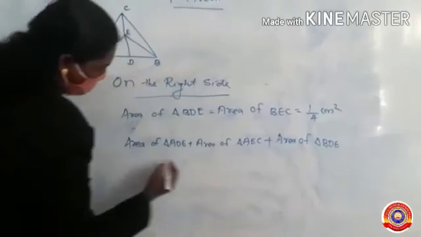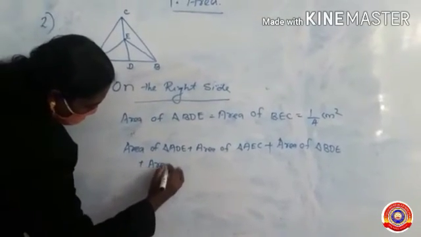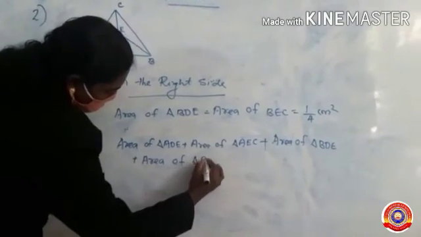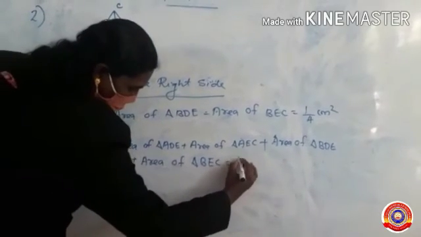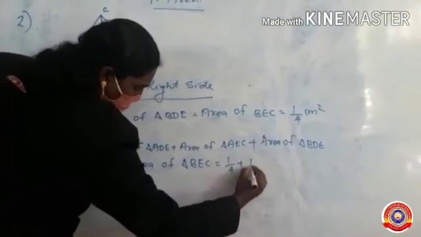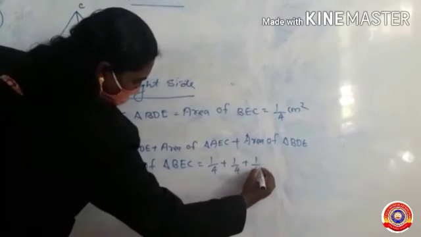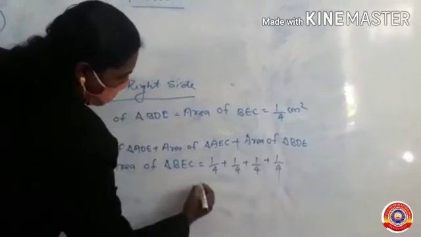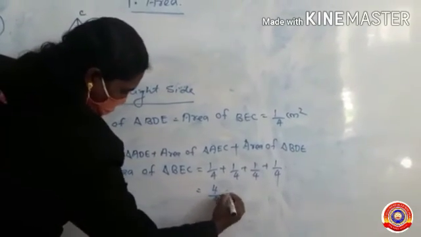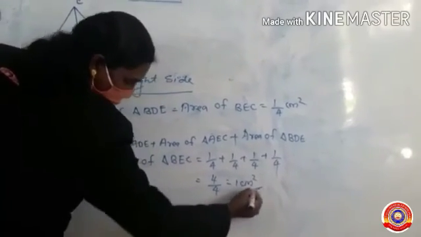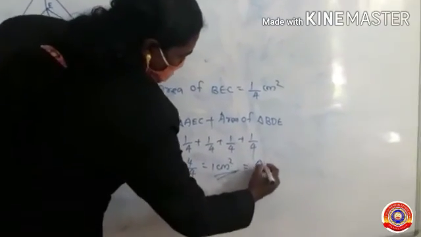It is equal to 1 by 4 plus 1 by 4 plus 1 by 4 plus 1 by 4. All the denominators are the same, so we can add the numerators only. So we get 4 by 4 and it is equal to 1 centimeter square, and it is the area of the large triangle ABC.